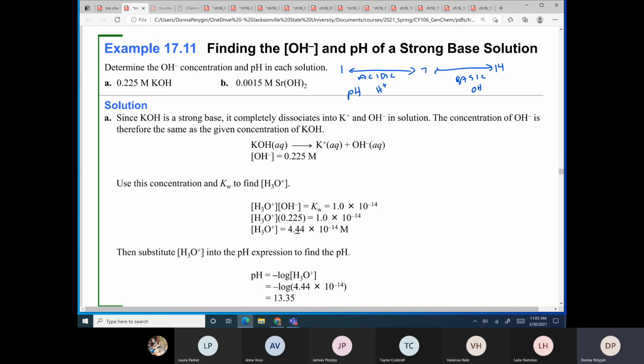And remember that a Bronsted-Lowry acid increases the H plus concentration and serves to make things acidic, and a Bronsted-Lowry base increases the hydroxide ion concentration and serves to make things basic. Also remember that the H plus concentration is equal to the H3O plus concentration.